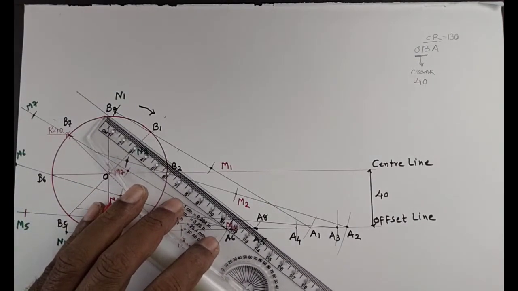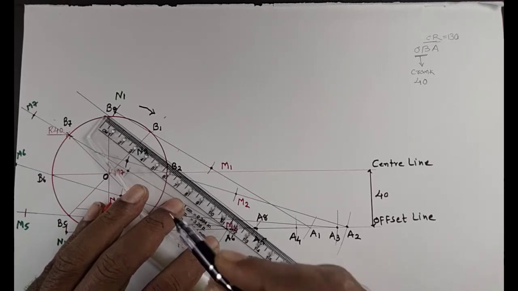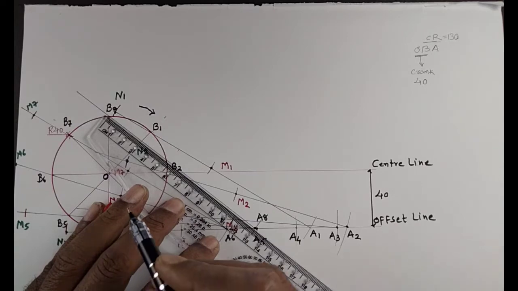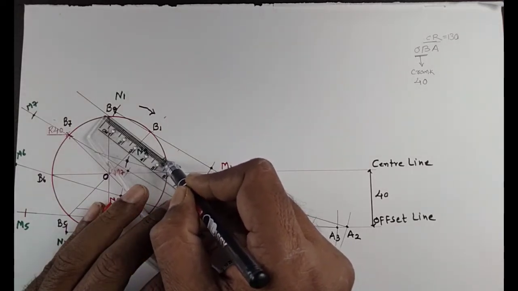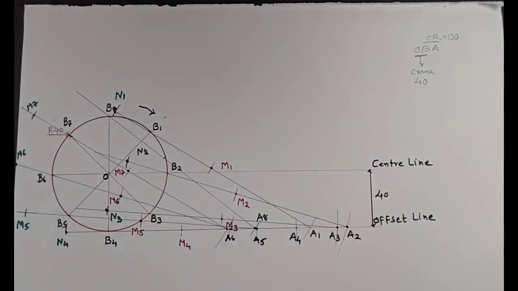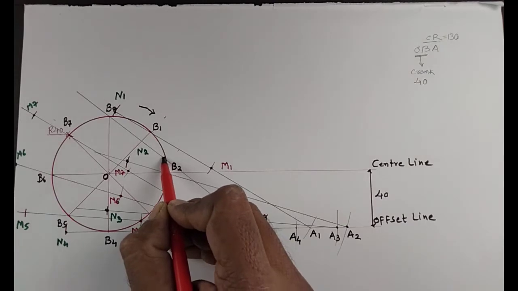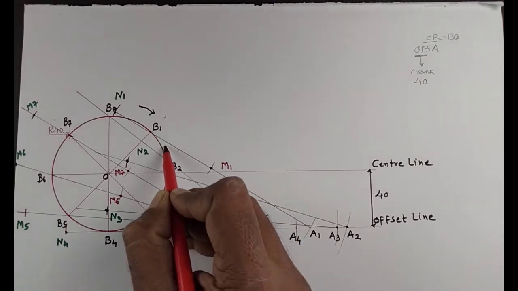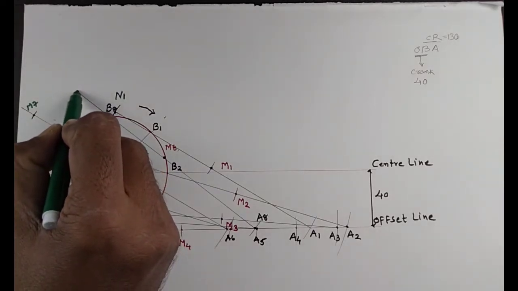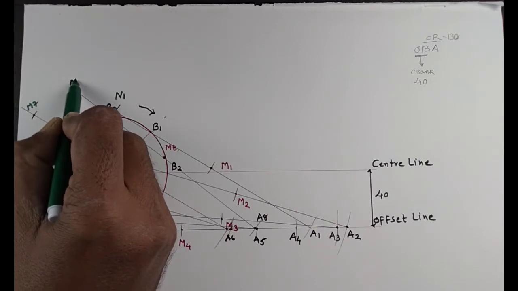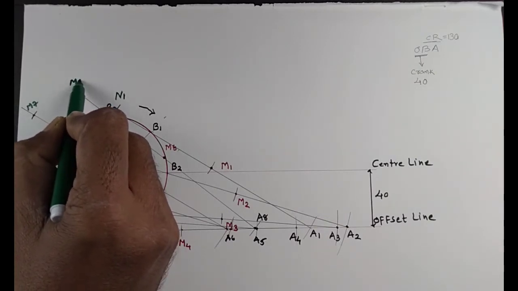Similarly, you can also mark from B to A direction your 50 mm. So I mark the 50 mm. You can do the same procedure here also. So this is my M8, and it is my N8 point.